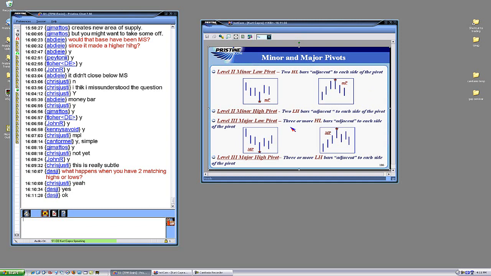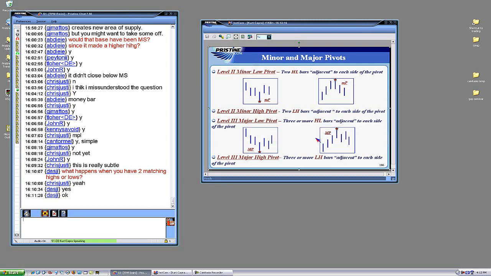So a level 3 major pivot low has 3 or more higher low bars to each side. Remember, it doesn't have to be consecutive higher low bars. It's just got to be higher low bars in relation to the pivot bar. And it doesn't have to be higher high, higher low bars.